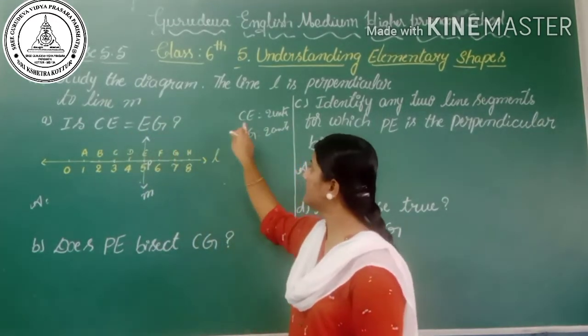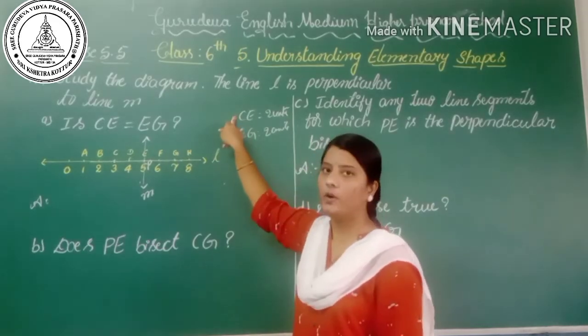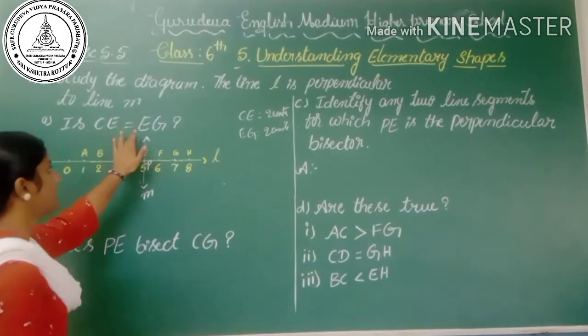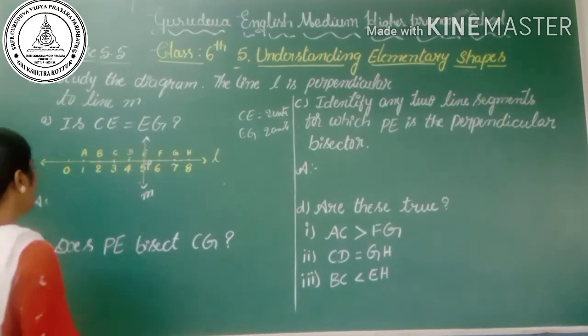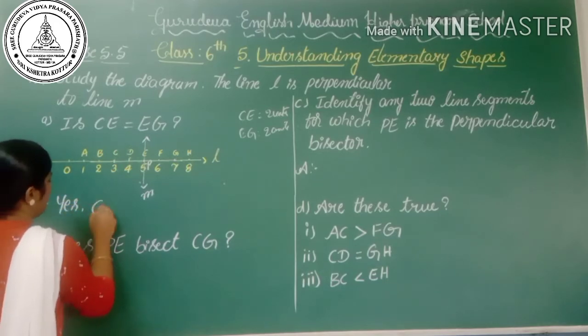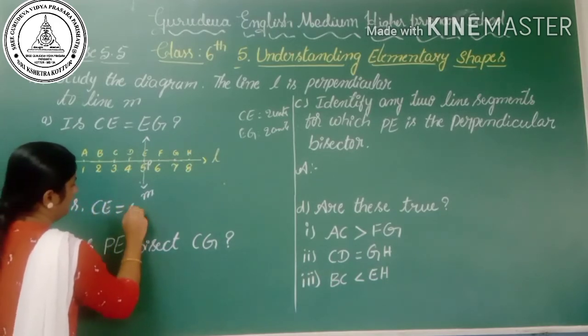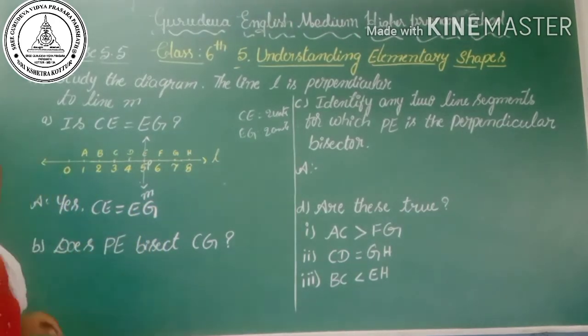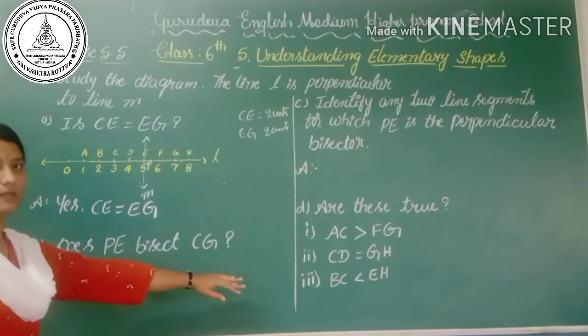Yes, because the distance between these two points is the same, hence we can say that CE is equal to EG.